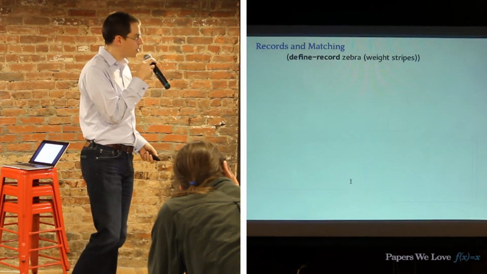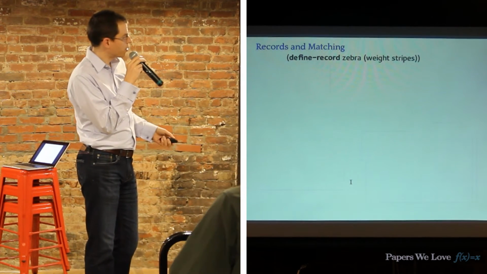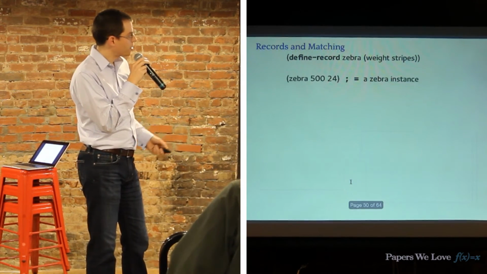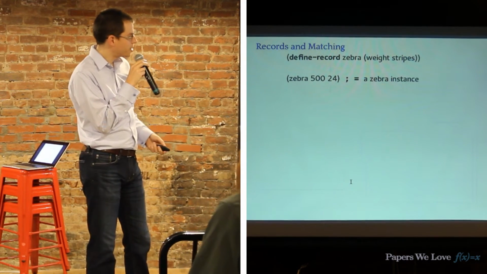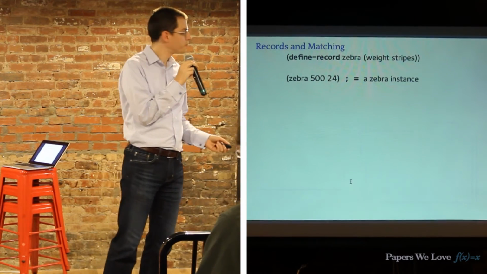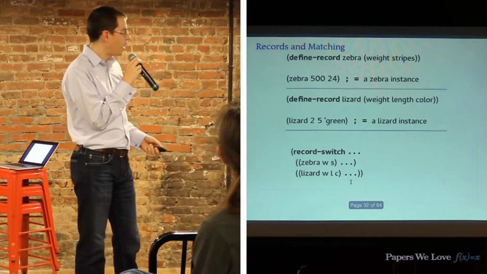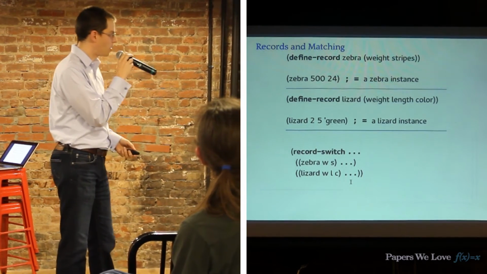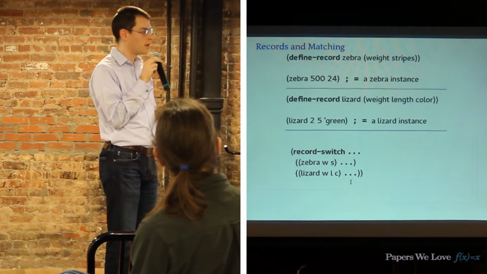So imagine we have a little record definition form in our Racket program, define-record, and we can create zebras with stripes, and we can also create lizards, and we can pattern match on whether we have a zebra or a lizard. So far so good.